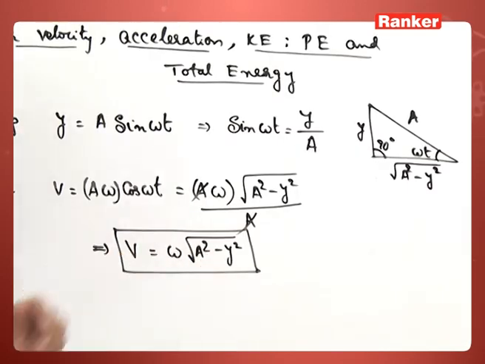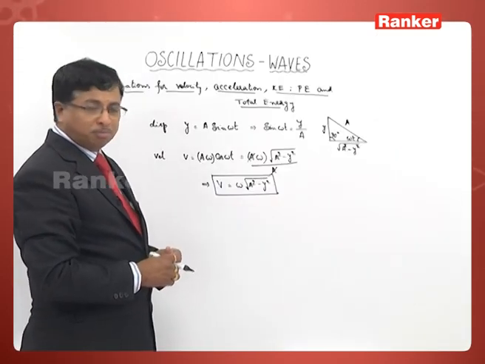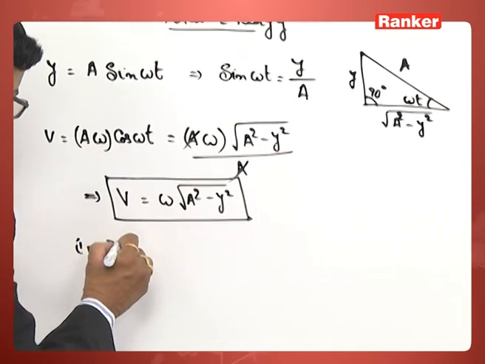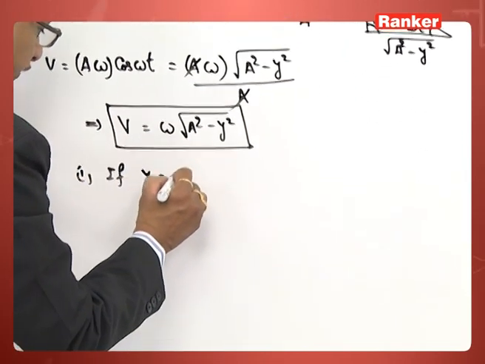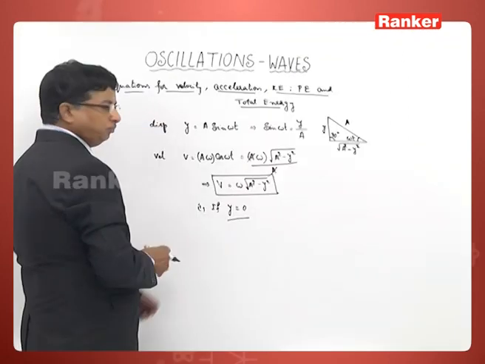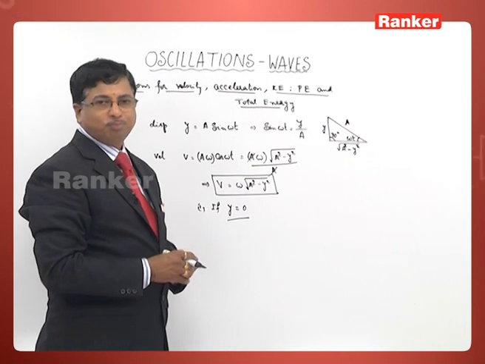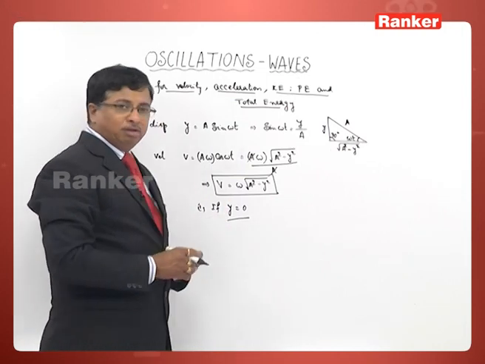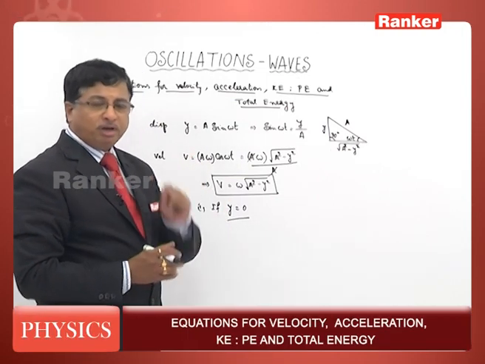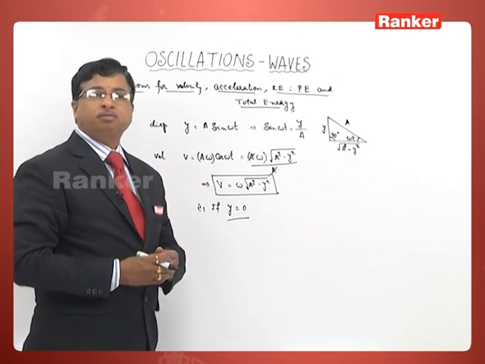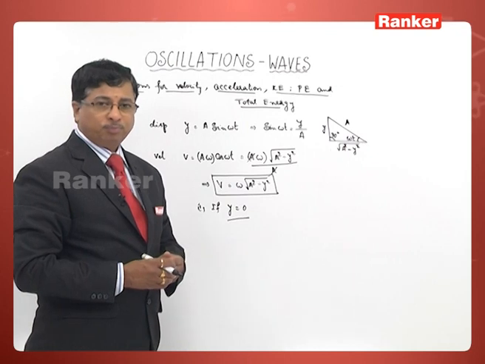What are the conditions for this equation we have to remember? Just check the very first condition here. If I say y is equal to 0, first theoretically try to understand what is y is 0. Y 0 means when its displacement is 0. Where do you find the displacement of the vibrating particle 0?